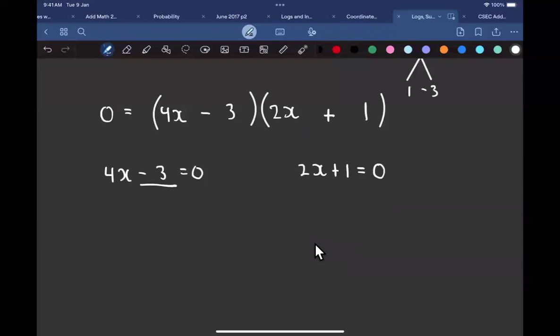No, so send it across. So I carry across the minus. It will be positive 3 now. So it will just be 4x equals 3, right? Yeah.